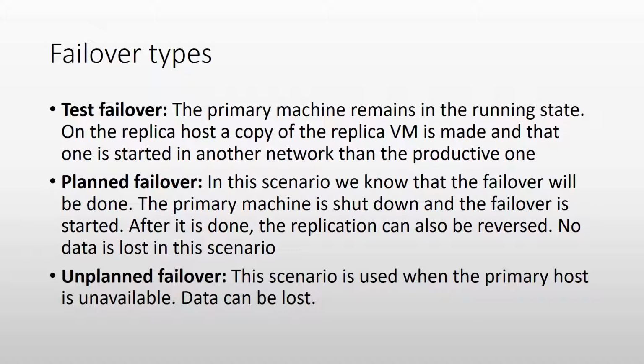And of course, you can lose data because you can't control when a host works or when it fails. But this failover is similar to the planned one, just that your primary host usually will not be available, so reversing the replication, I guess, for some time will not be possible. You will run with only your replica machine.